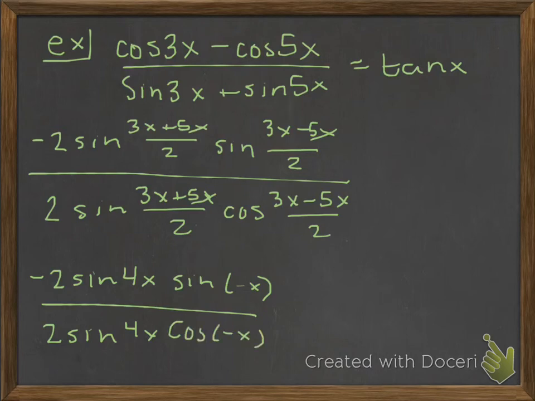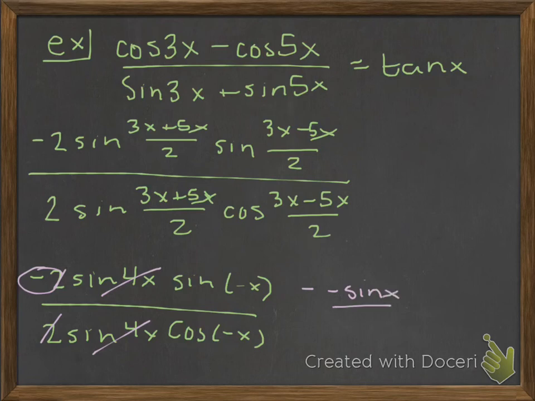And again, like I said, you're going to notice a lot of terms cancel. So the 2's out front are going to go. I have 2's top and bottom, so they can cancel. I have sine of 4x, that can cancel. And then we think about our even and odd identities. So remember sine, the negative comes out front, but there's already a negative here. So I have negative of a negative sine x.